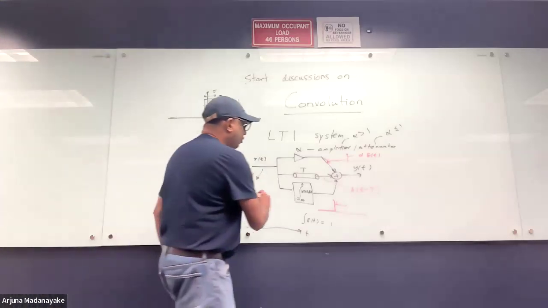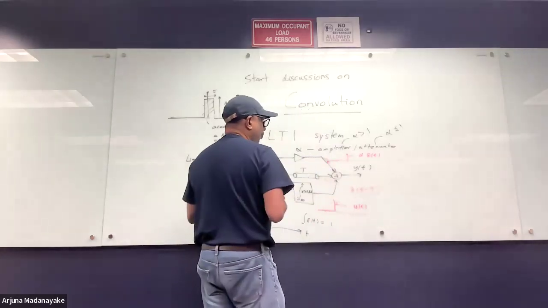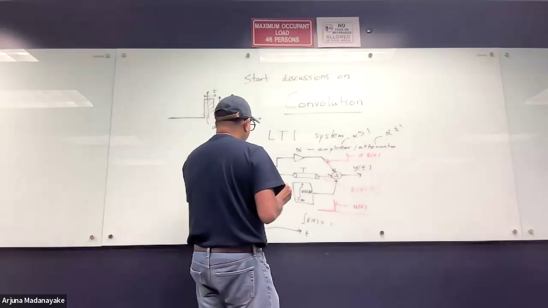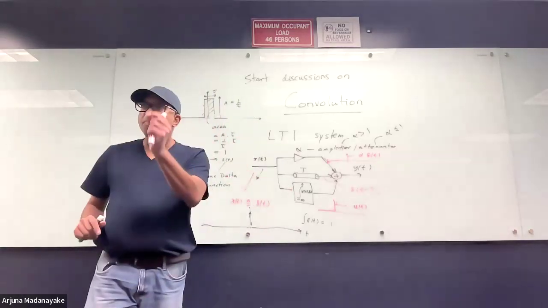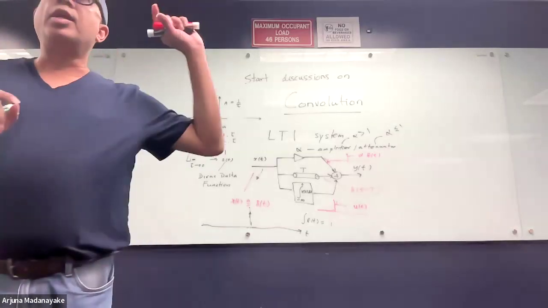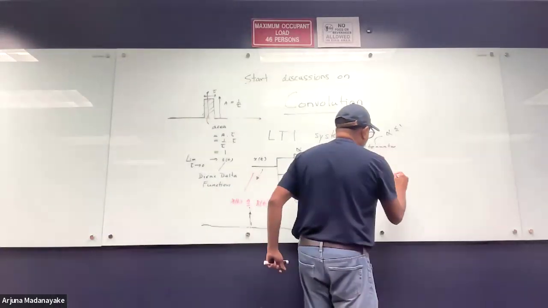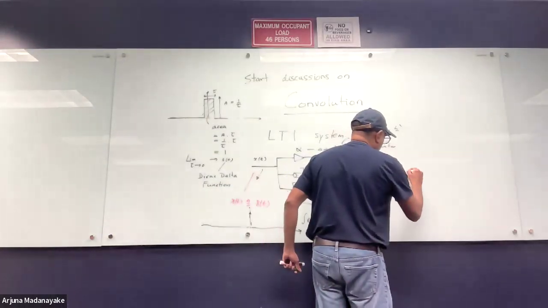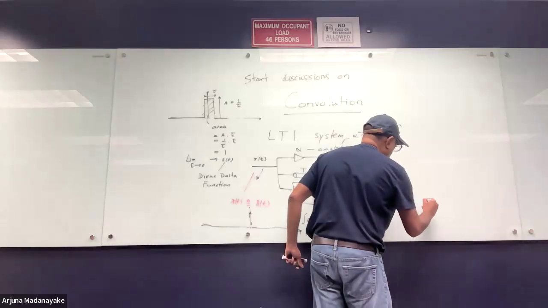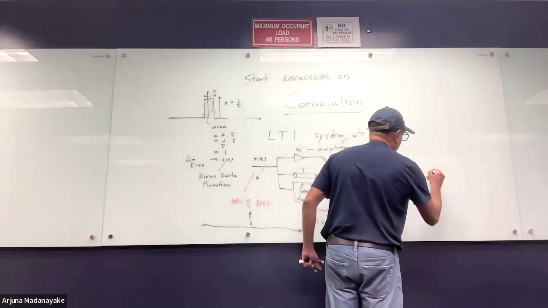So I'm going to give this function a special name, let's say u of t. Right. So my impulse response, right? The impulse response h of t is the response of the system when your input is a delta function. So we can call a special name h of t, which is when x of t is equal to delta t, right?